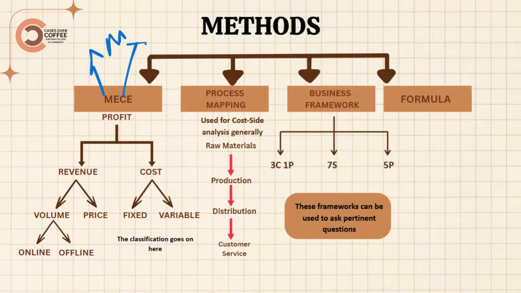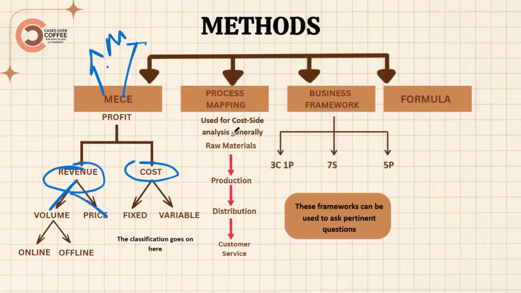Revenue and cost both are mutually exclusive, but collectively they are exhaustive. So we use the MECE framework to find out whether the problem lies on the revenue side or the cost side. And then let's say if the problem lies on the revenue side, then we further try to break it down.